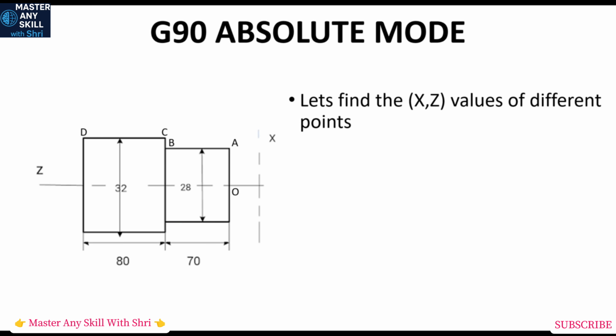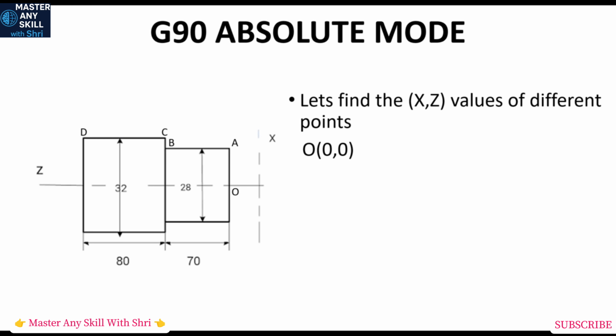Our first point is O. O is our job 0 point. As we have created the job 0 point during setting, our coordinates of O are 0, 0. Now we will do calculations from this point. So A. What is the X value for A? That means what is the diameter at point A? 28.